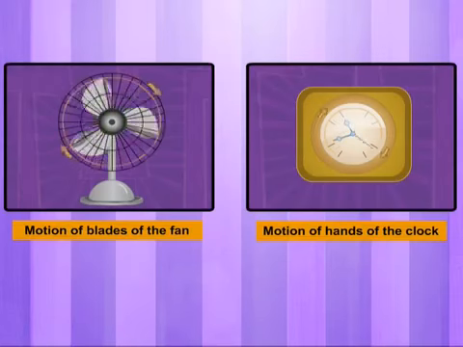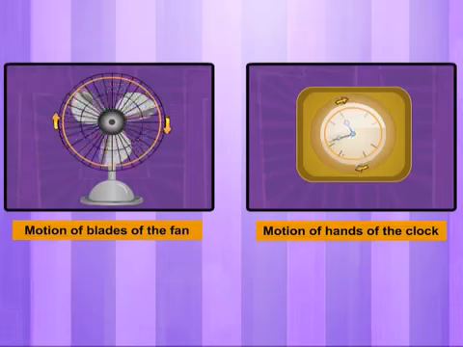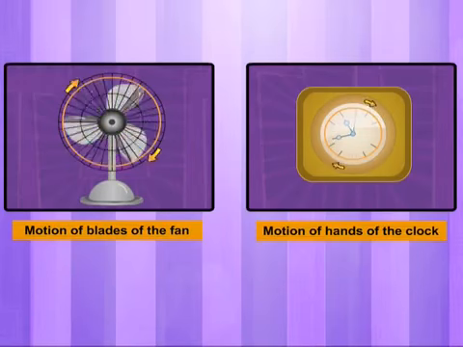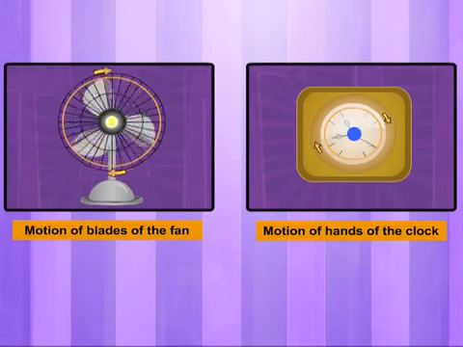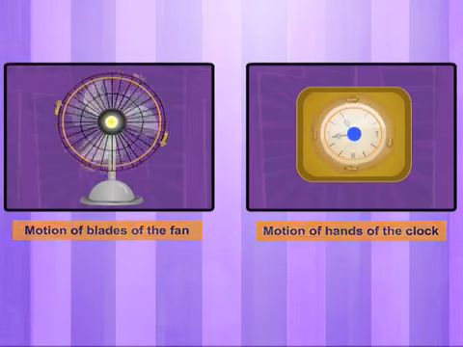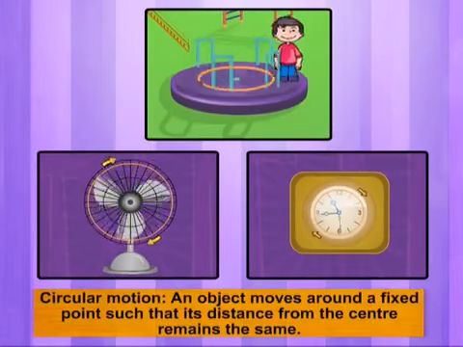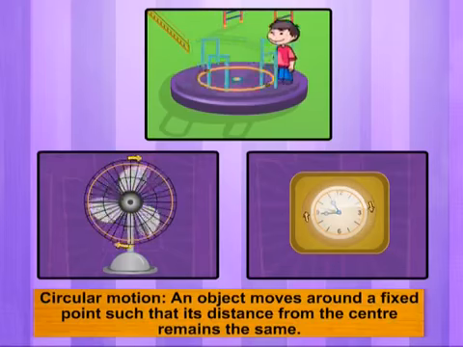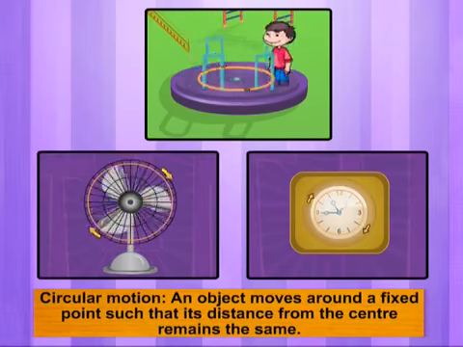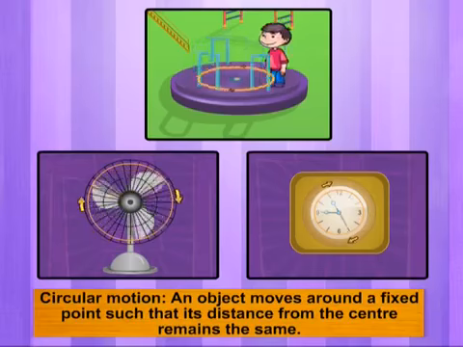In both these motions, just as in merry-go-round, an object is moving around a central fixed point or an axis. When an object moves around a fixed point such that its distance from the center remains the same, it is called a circular motion.